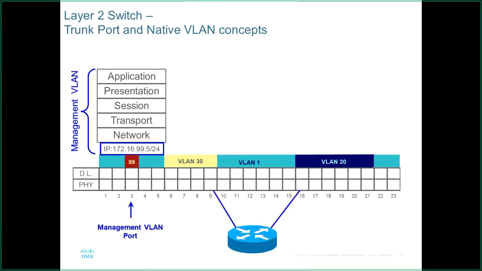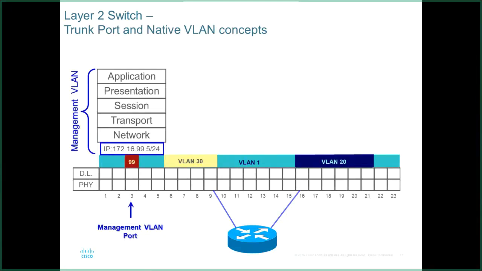Alright, our traditional method used to be, for each VLAN you needed a separate cable. So in this instance here, we have a separate cable connected to VLAN 30 and a separate cable connected to VLAN 20.